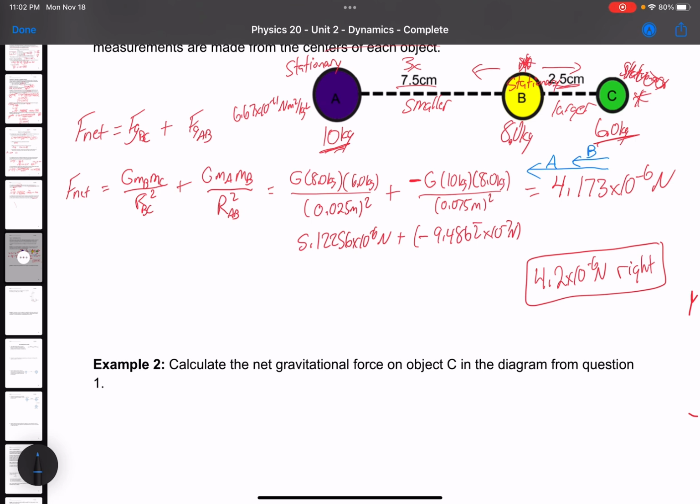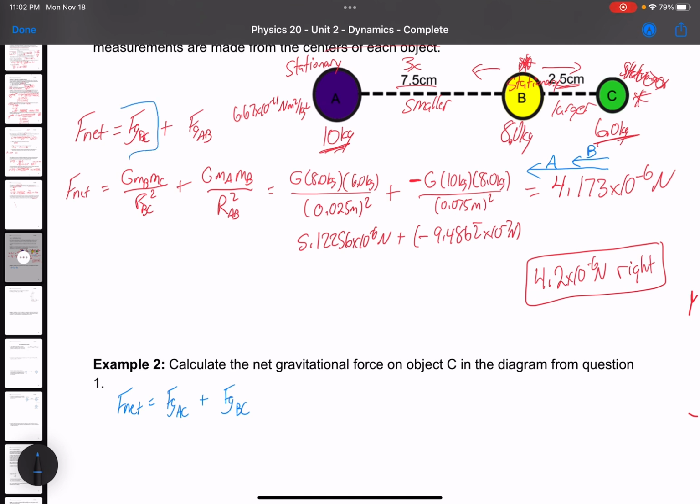Okay, but my F net statement is going to be the force of gravity between A and C plus the force of gravity between B and C. Okay, now we already did one of these.